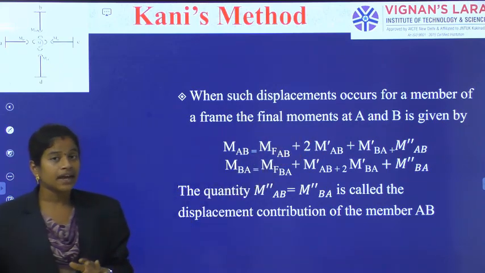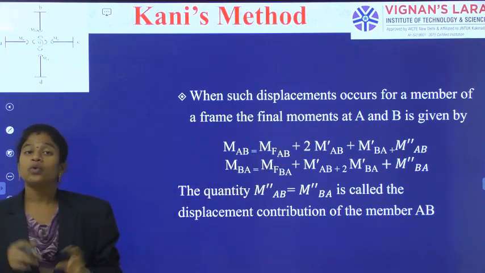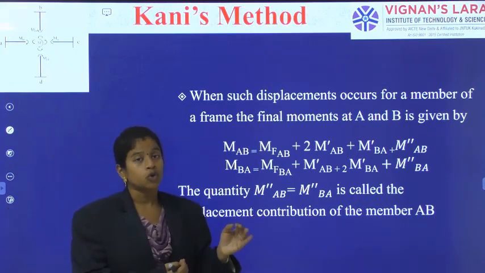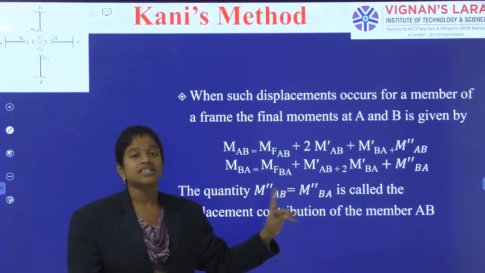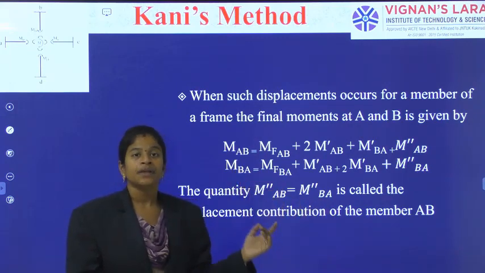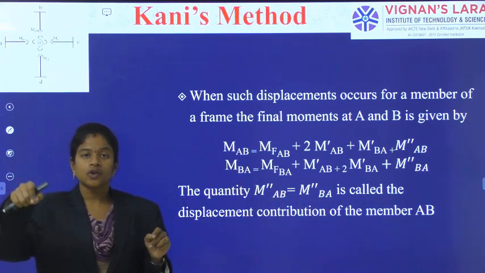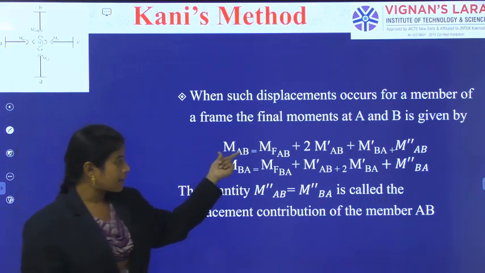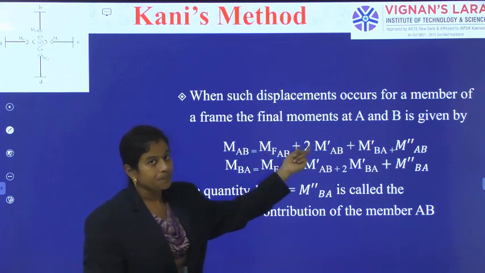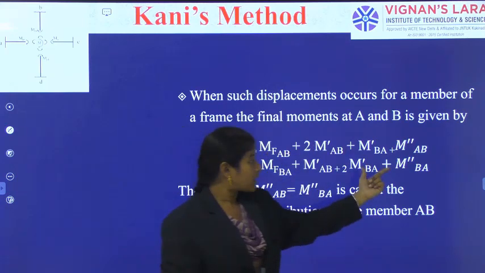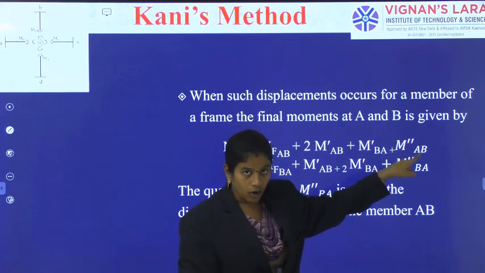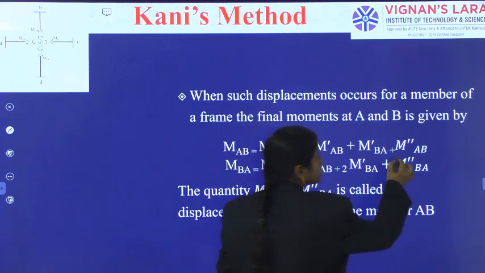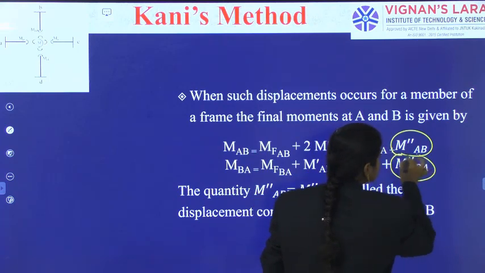Okay. So when I am considering the final moment, what is the original formula we are having? MAB is equal to MFAB plus 2 times M dash AB plus 1 time M dash BA. But when the sinking is also added there, what is the final output for the frame moment? So MAB is equal to MFAB plus 2 times M dash AB plus 1 time M dash BA and also M double dash AB. Only this new term is getting added. Here also the same thing.